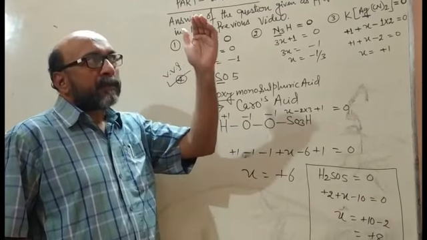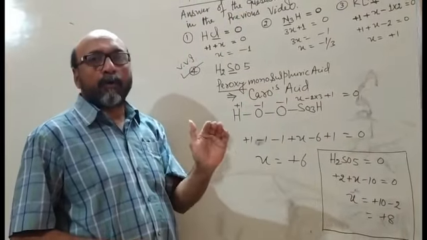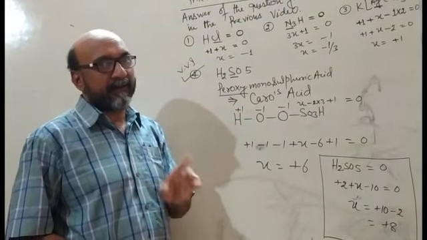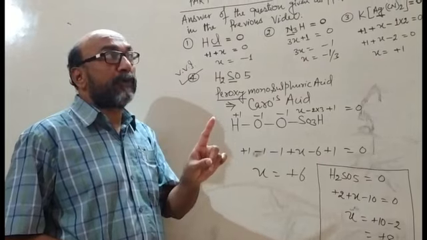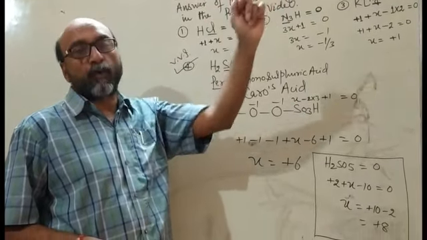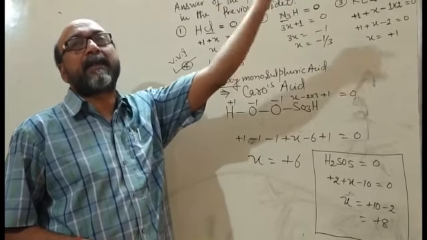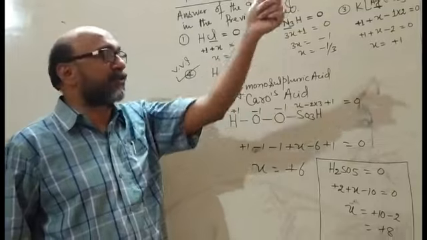Right? Sulfur belongs to group 6A or group 16. Here we have to take Mendeleev's group, that is 6A.